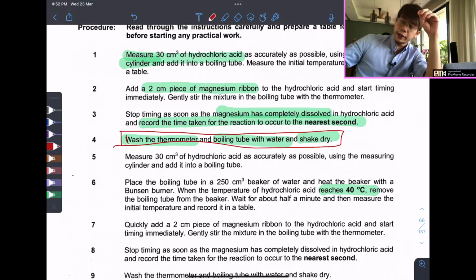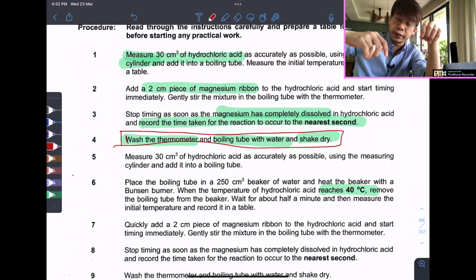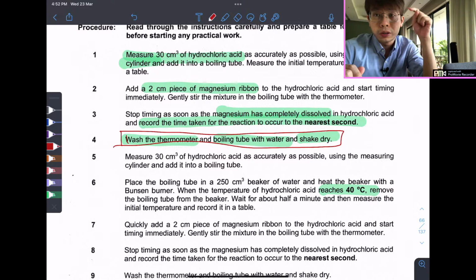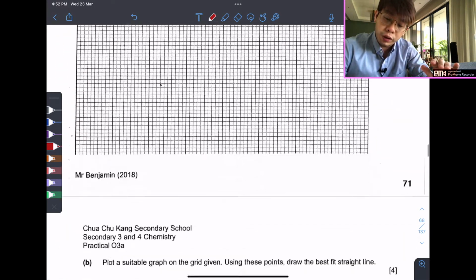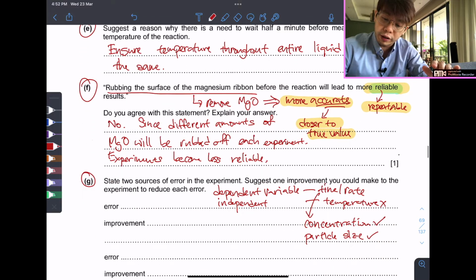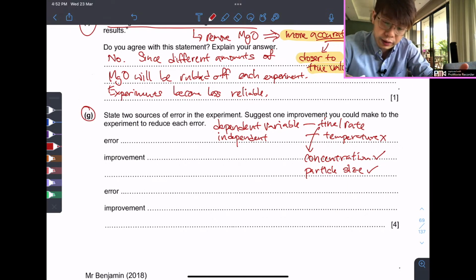And if we add in our 30 cm³ of hydrochloric acid, and if there's water inside, the concentration will drop, rate of reaction will drop. So that is a possible source of error, okay, because it affects the rate of reaction. This experiment, we only want temperature to affect the rate of reaction. We cannot let any other things affect.